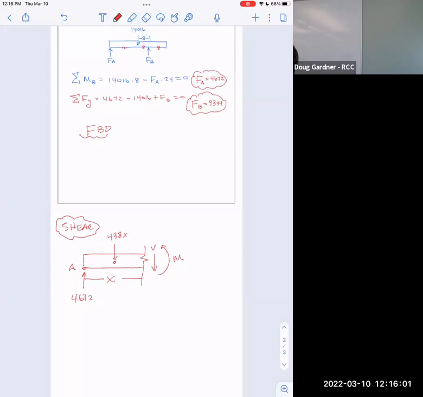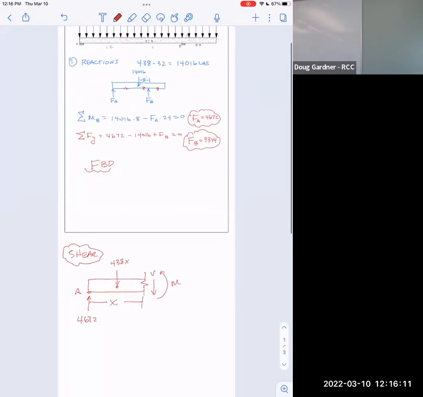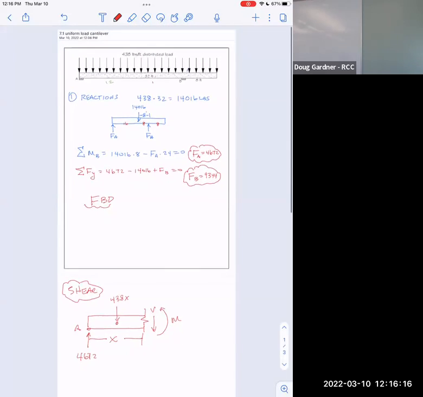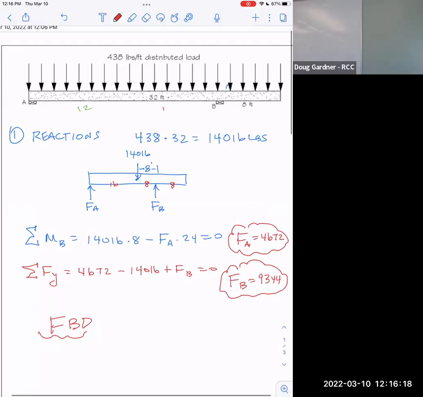But an important addition to this, I think we have everything on here, is: does it make sense if we make it all the way over to, as soon as X makes it to 24, take a look at this picture up here.